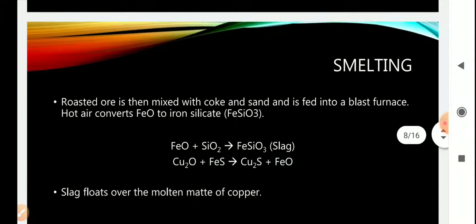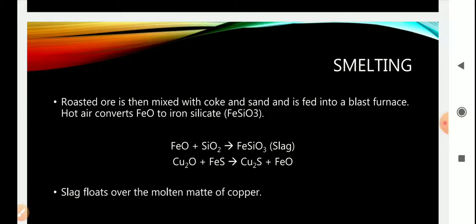Now smelting. Smelting is again a burning process. It is done in the presence of coke and sand. So the roasted ore is mixed with coke and sand and is fed into a blast furnace. A blast furnace is a furnace where a high temperature can be achieved.